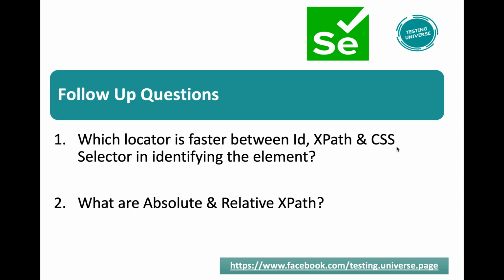The second one is CSS selector. If they simply ask which locator is faster, you can say id is faster, next comes name, next link text, which is situational, then CSS selector, and last comes XPath, because XPath is slower than CSS selector and id. This is one of the follow-up questions you might get.